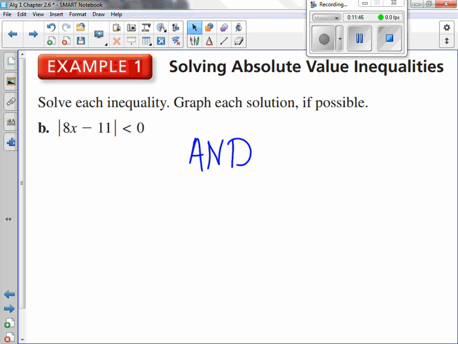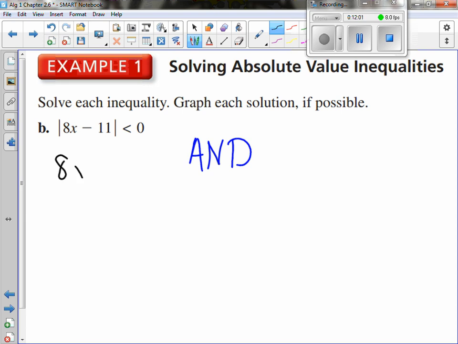Now our second step was to write the two cases. Our positive case and our negative case. So the positive case would be 8x minus 11 is less than 0. The other case would be what? 8x minus 11 is what?